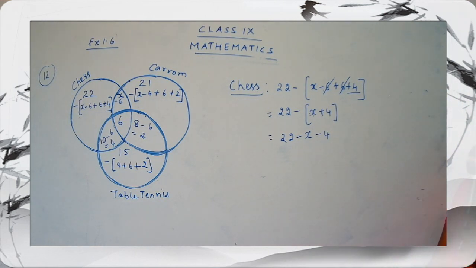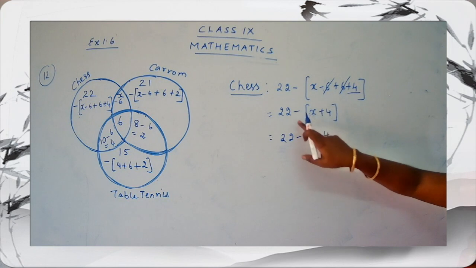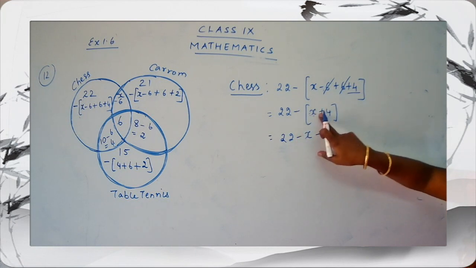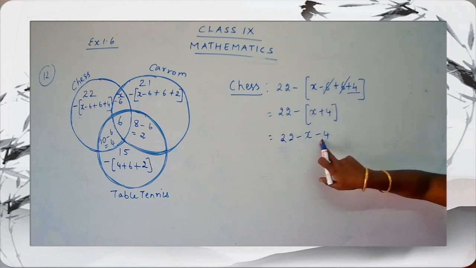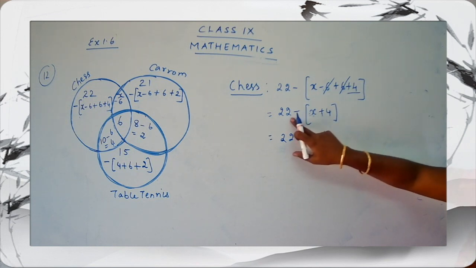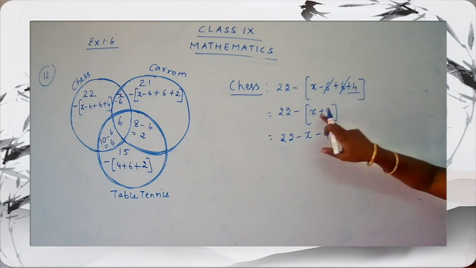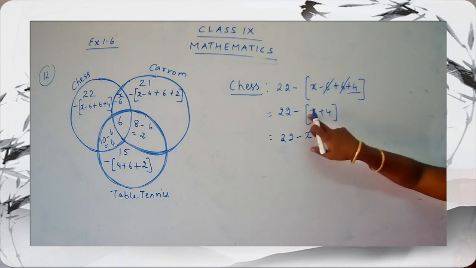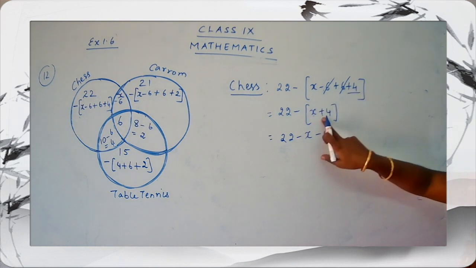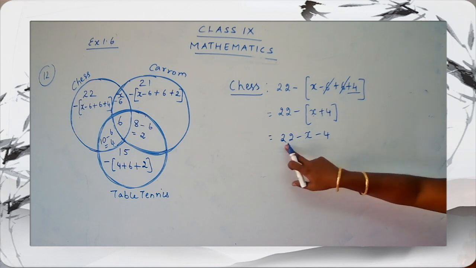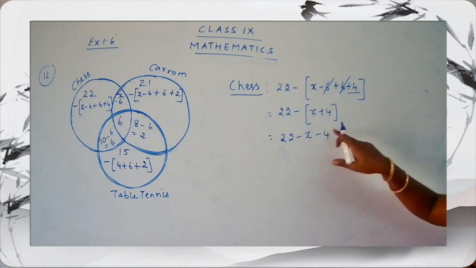Getting my point? Plus x will turn to minus x. Plus 4 will turn to minus 4. So 22 minus, what is left here? X plus 4. So when you open the bracket, the plus sign will change to minus. Again the plus sign will change to minus. So I have 22 minus x minus 4.